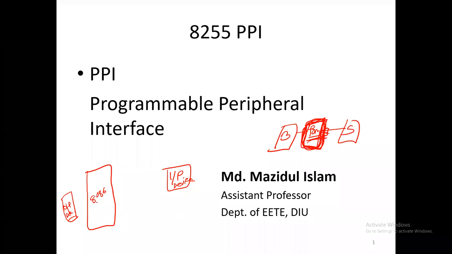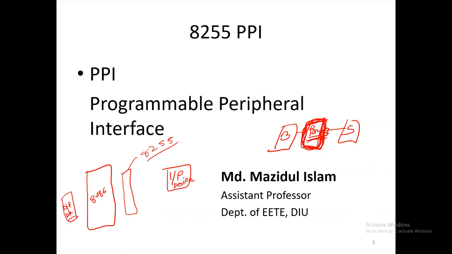The microprocessor involves another IC. This IC is the port IC, IC 8255, programmable peripheral interface.